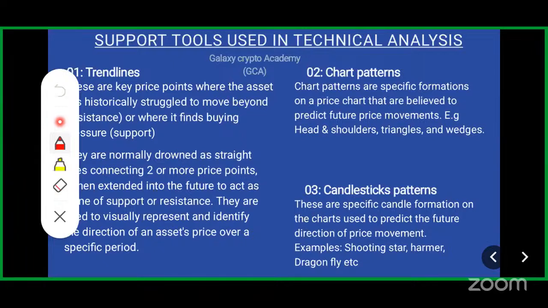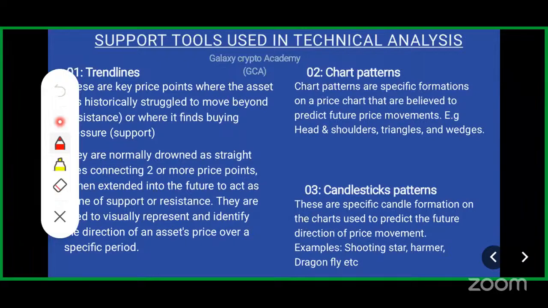We have the gravestone dojis, and so many other types of candles that have significance when it comes to interpreting the market. Okay, so we shall look at them in detail at a later time. The harami, the three soldiers. There are a lot of those candles.